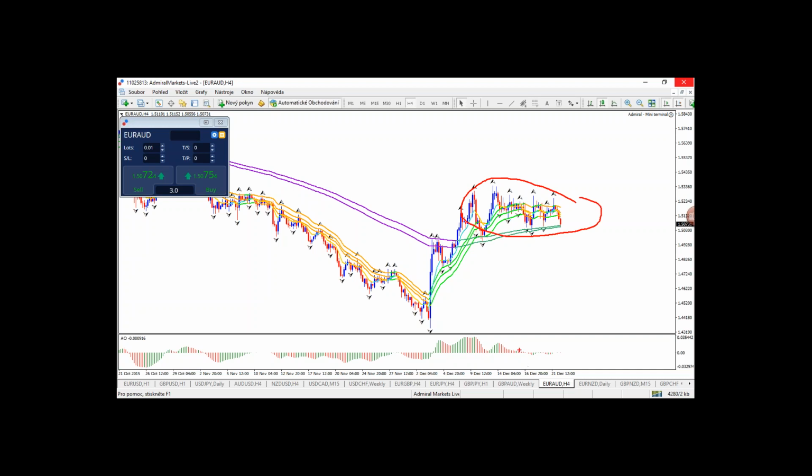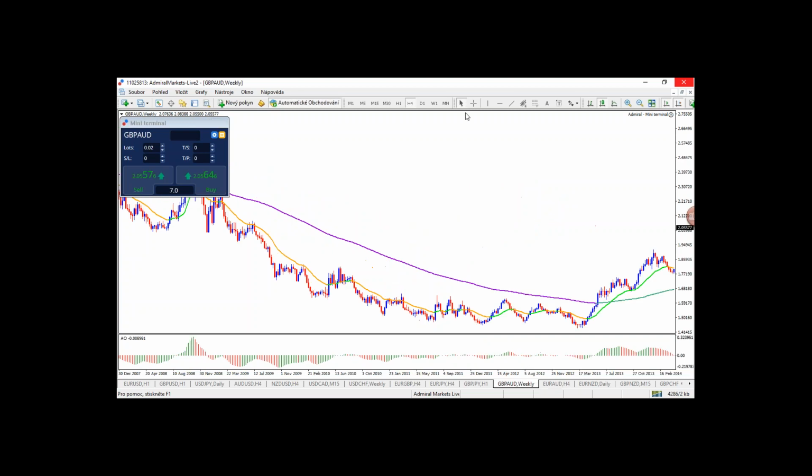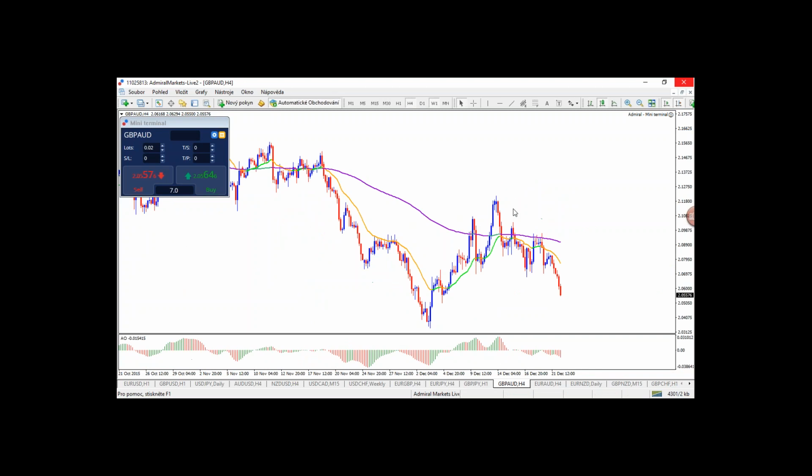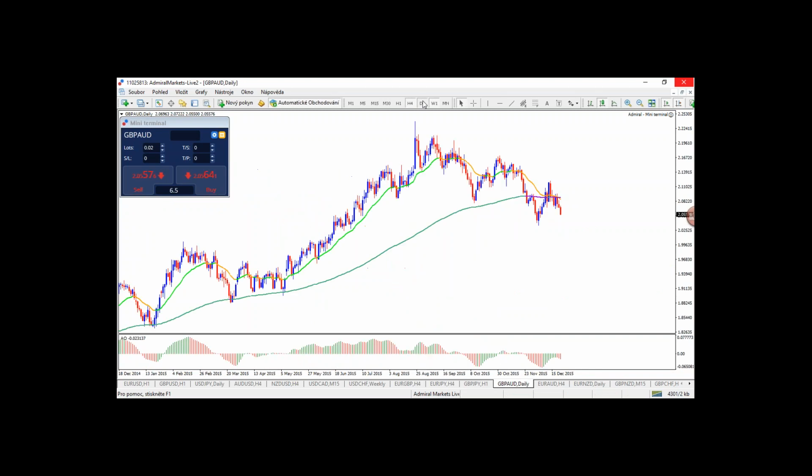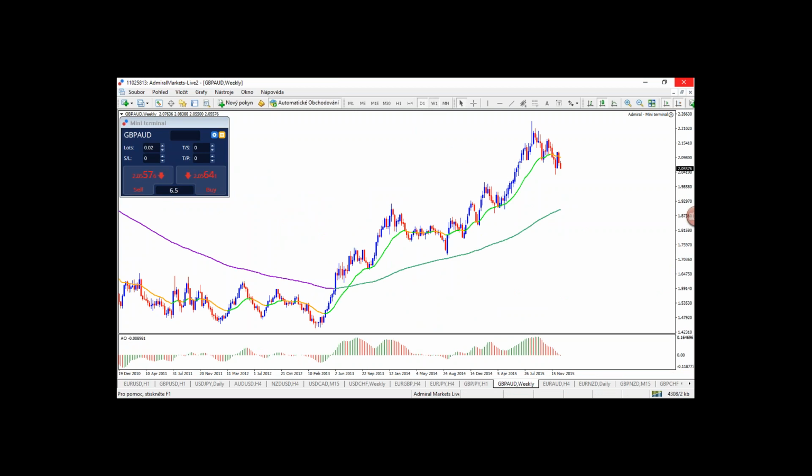Contracting triangle on the euro odd. Let's see, pound odd has probably a bit more reversal potential here than the euro odd.